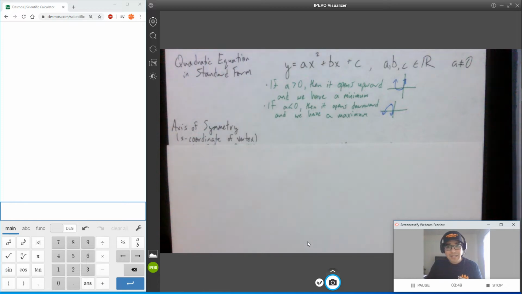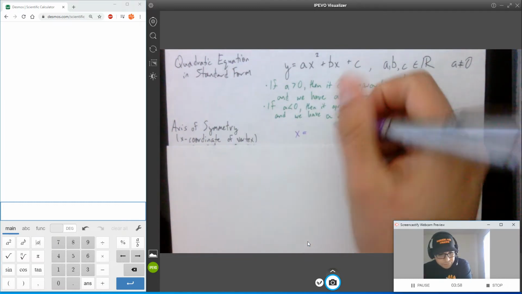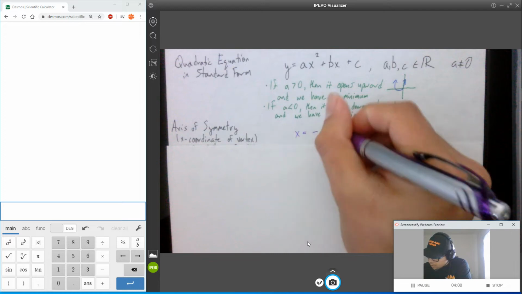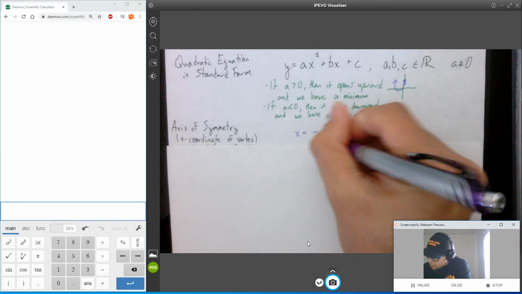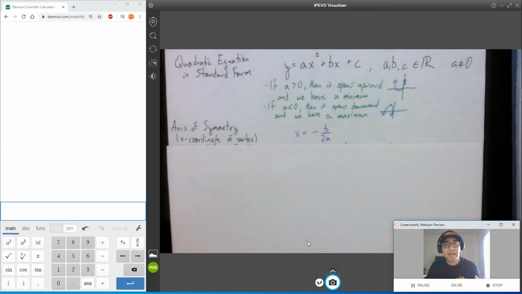The axis of symmetry, along with the x-coordinate of my vertex, is going to be x equals the opposite of b over 2a. I can show you this by completing the square, but for the sake of time, we can just use this for both my axis of symmetry and my x-coordinate of my vertex.